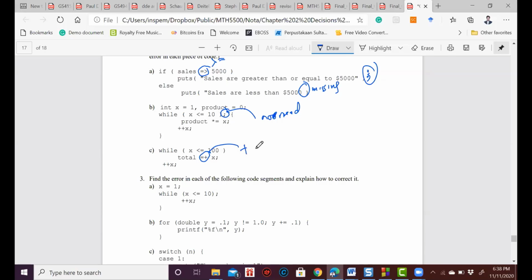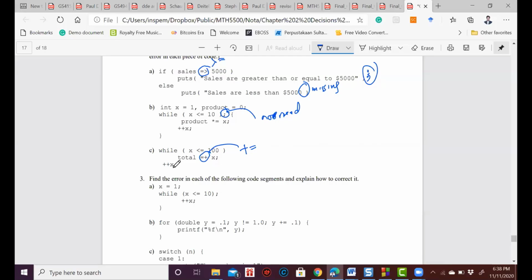This one is plus. Anything else? Braces. After a while, you need to put braces. Is it? No, this one is okay. Yeah, correct.